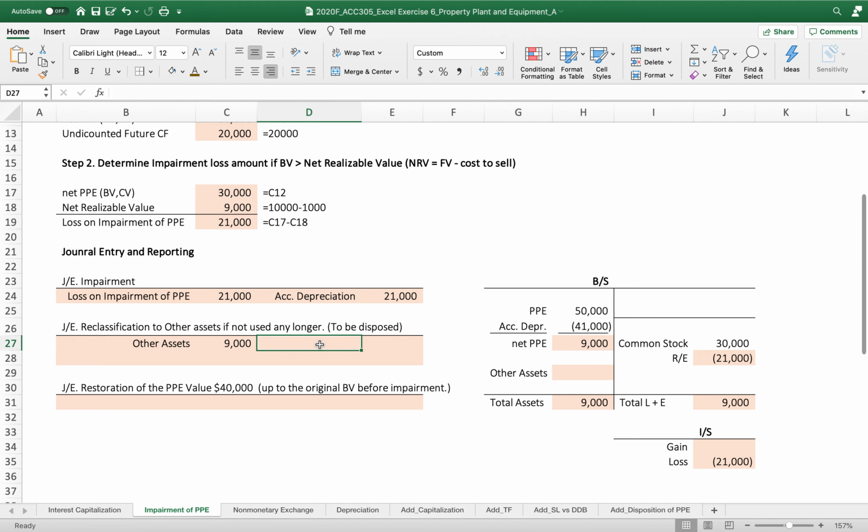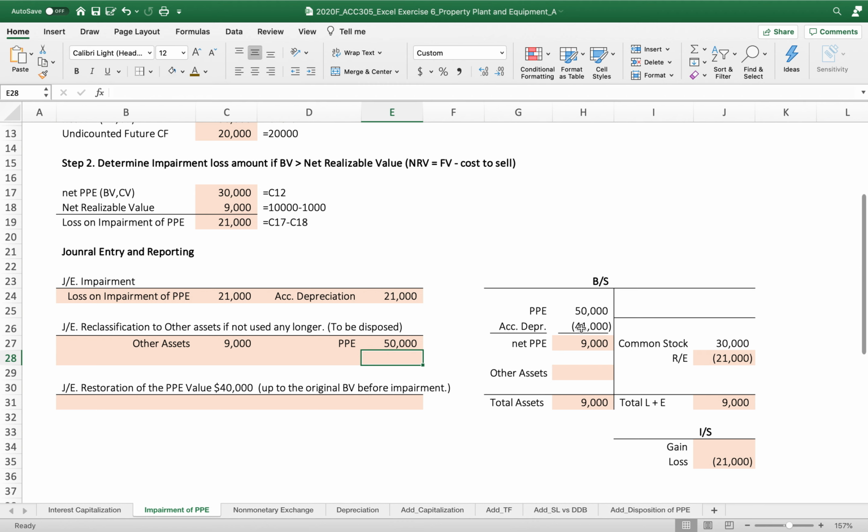So we should remove the PP&E on the credit side of the asset. So $50,000, exactly the same. $50,000, right? So we put $50,000, and then also we should remove the accumulated depreciation, that contra account of an asset.